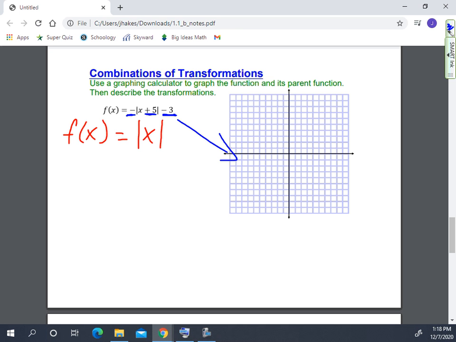When it's subtracted by 3 at the end, when it's outside of our function, so when it's outside the absolute value, when it's a minus 3, it's going down 3 units. Okay? When we have x plus 5 in our absolute value, remember, absolute values, they work as opposites. It's opposite. So if it's plus 5, we're not going to the right 5, we're going left 5 units.